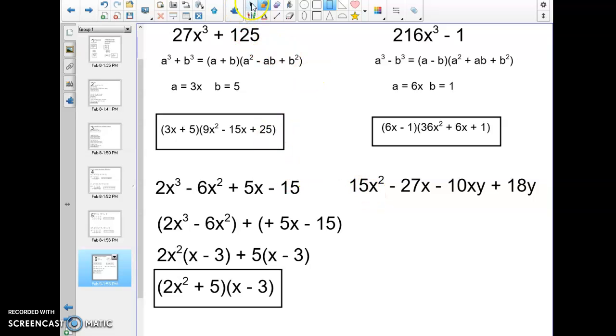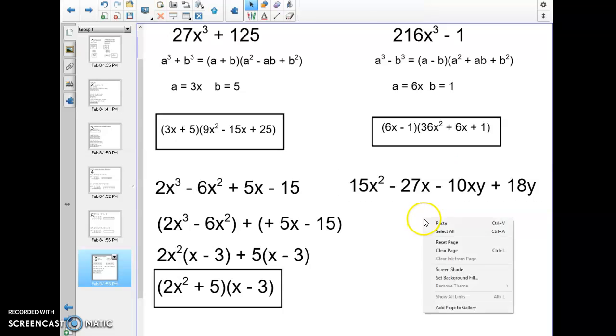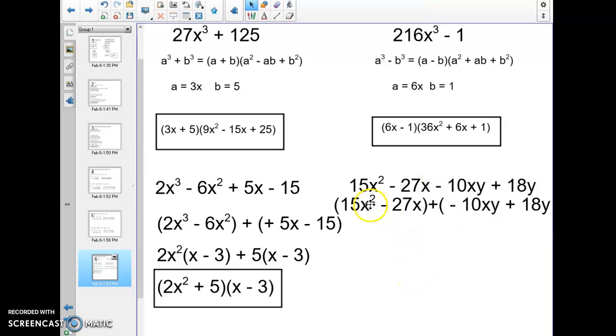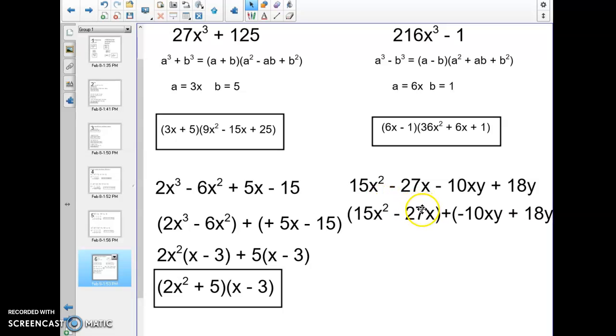Same deal here. I'm going to copy this, but I'm going to put a parenthesis here, a parenthesis here, plus sign, parenthesis here, and obviously we have to factor this back here. So this is what it should look like.